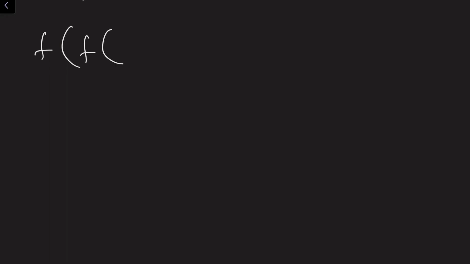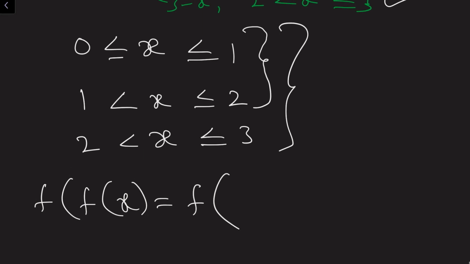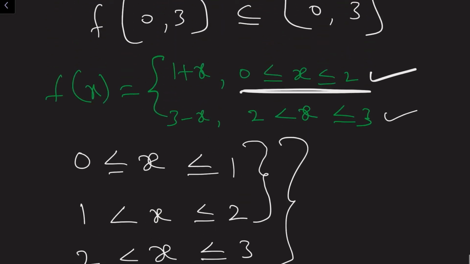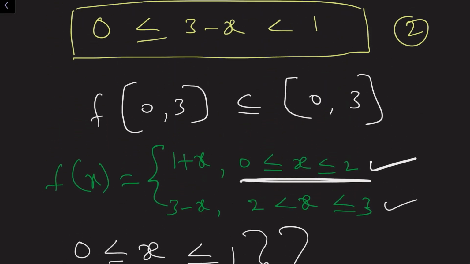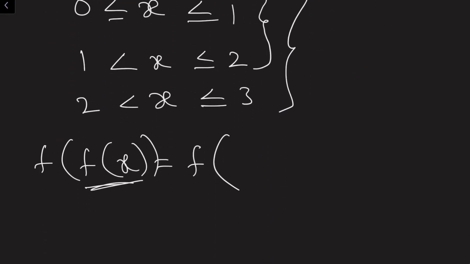F of x value. First I am going to take the first statement, that is 0 less than or equals to x less than or equals to 1. Here f of x, according to the first case, will become 1 plus x. So f of 1 plus x.